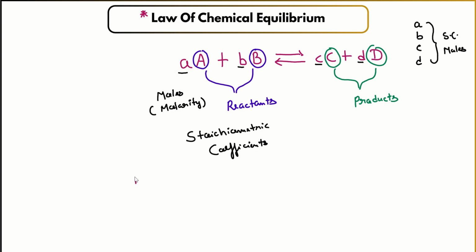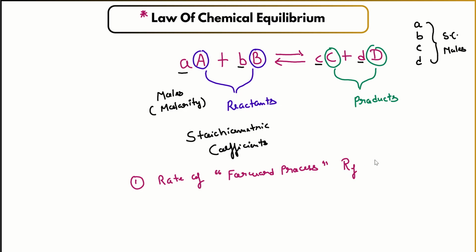This law says there are two things. Understand this, guys, very important. Rate of forward process, which we generally denote as Rf, where R is rate and small f stands for forward process.